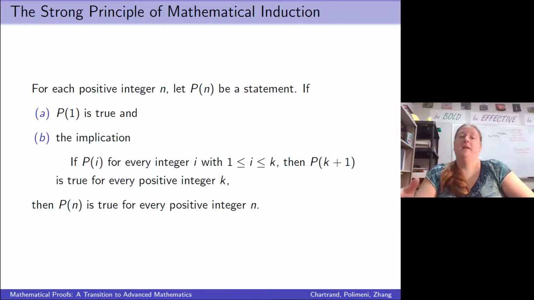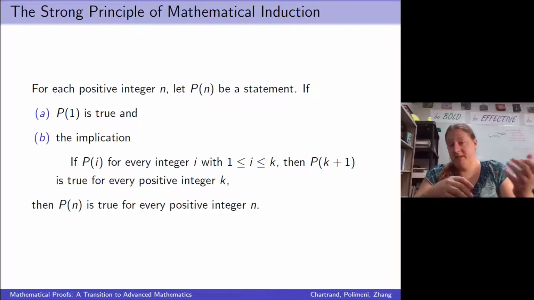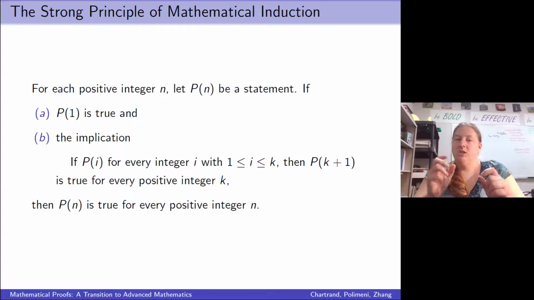So in talking about that general principle of mathematical induction, we talked about how the base case doesn't necessarily have to be 1. Well, I also want to talk about this idea of the strong principle of mathematical induction. In the strong principle of mathematical induction, the base case still is p of 1. Sometimes we need more base cases to work with, but the implication changes a little bit.